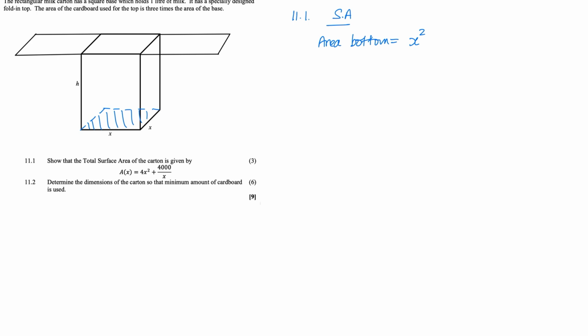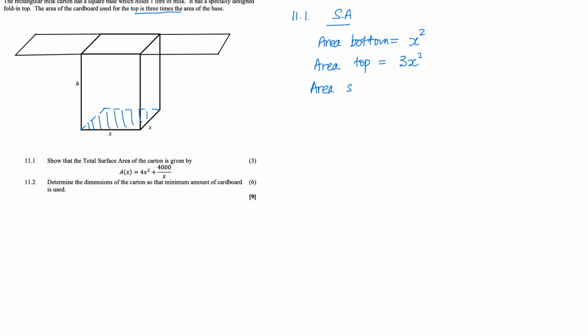Now, we don't need to worry about the top because they tell us that the top is 3 times the area of the base. So the area of the top is going to equal 3 times the area of the base. Then we can work out the area of the sides.